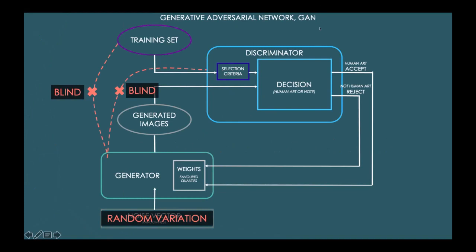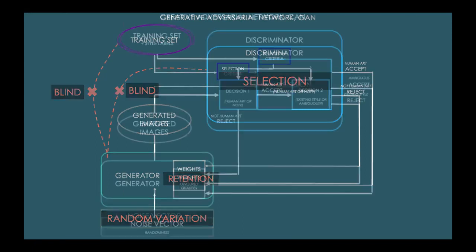And then the discriminator is doing the selecting. And the weightings that are produced by the scores are a form of retention. So this is why I want to suggest that the generative adversarial network is meeting the Darwinian model of creativity.